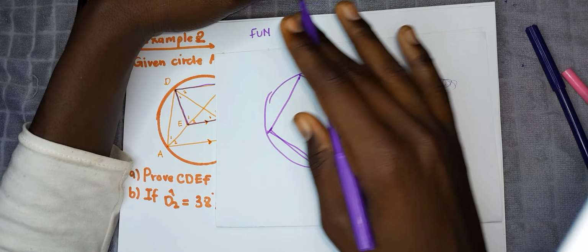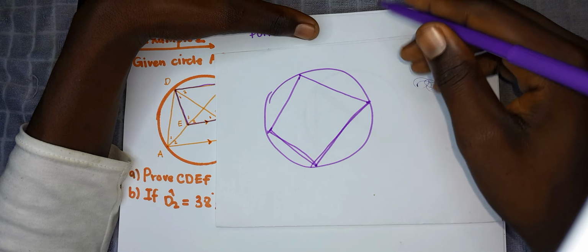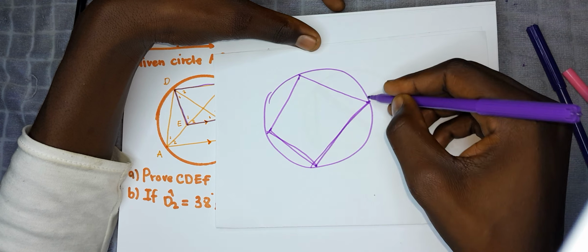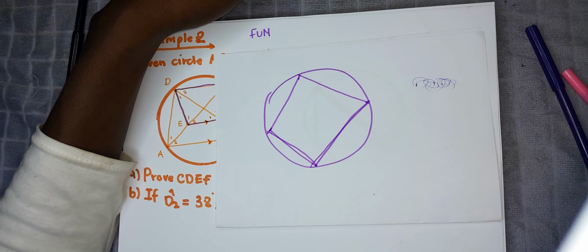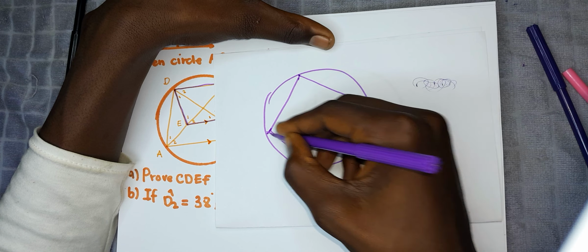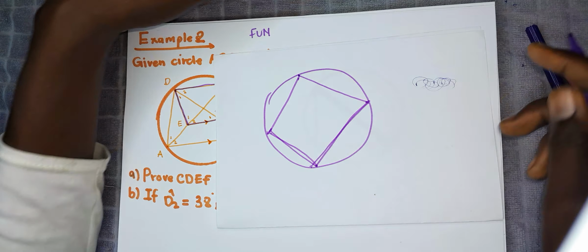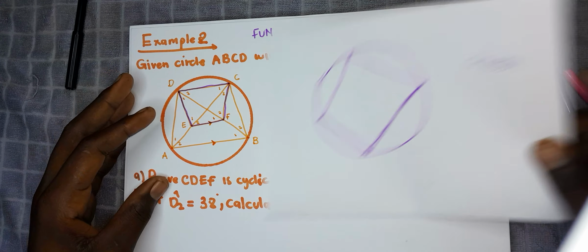Whenever you see any circle whereby 4 points touch the circumference of the circle, you don't need to be told that this is a cyclic quadrilateral. Just know that if those 4 points touch the circumference of the circle, this is a cyclic quadrilateral.